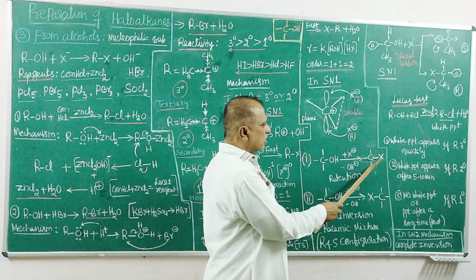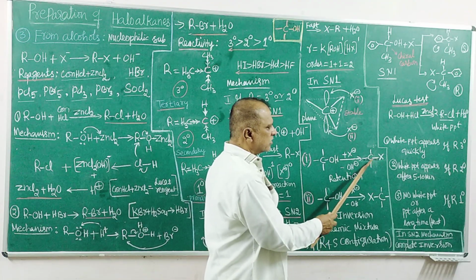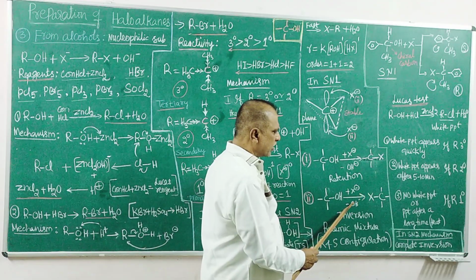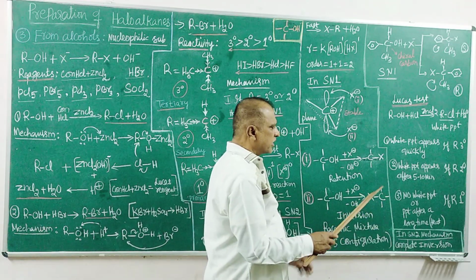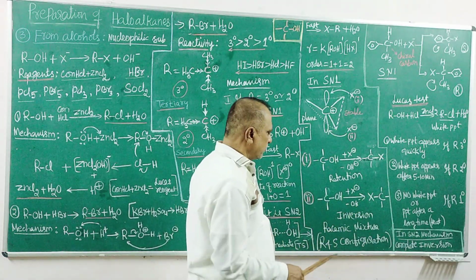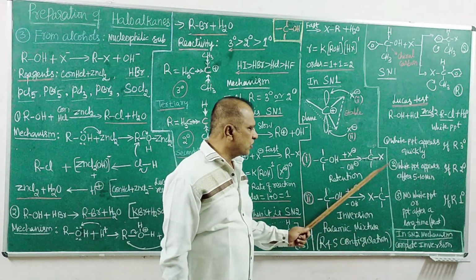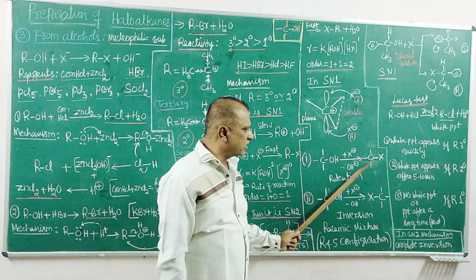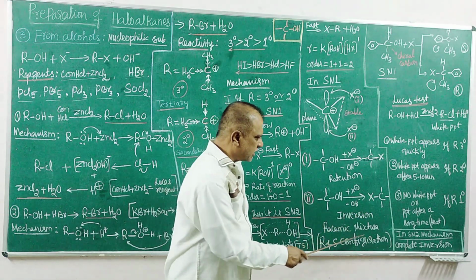So here it is inverted in one case, and retained in the other. The stereochemistry of this carbon is retained in one product and inverted in the other. So it is called a racemic mixture.